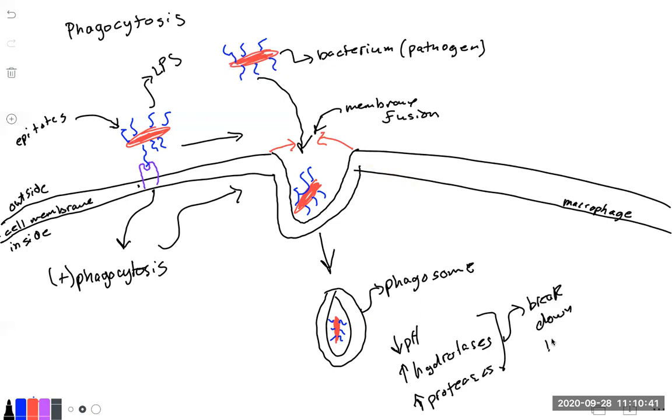It's going to kill it and protect us from getting the effects of that pathogen. So this will end up a regular, just an empty vesicle eventually, and that vesicle will go back and fuse to the membrane and do it all again next time a pathogen is in the extracellular space or matrix.